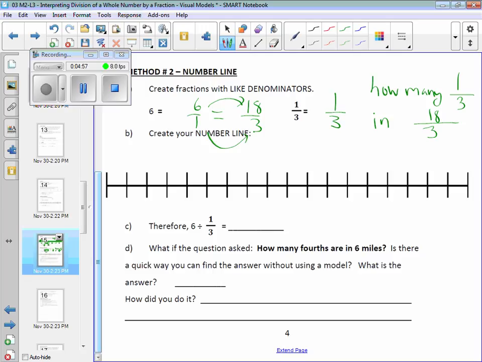What's this first line? 1/3. Ready? 2/3, but I'm not going to put the denominator. 3/3, 4/3, 5, 6, 7, 8, 9, 10, 11, 12, 13, 14, 15, 16, 17, 18.